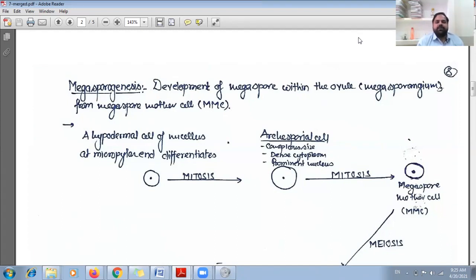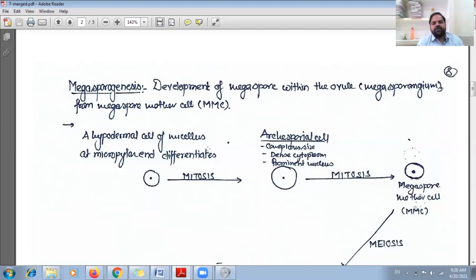The megaspore mother cell is the main cell from where the megaspore will be formed. So hypodermal cells of the nucellus at micropylar end differentiate. This is the main progenitor cell which develops into the megaspore. So hypodermal cells, as we have seen, in case of anther also were the progenitor cells.